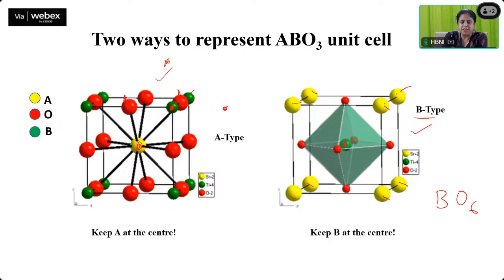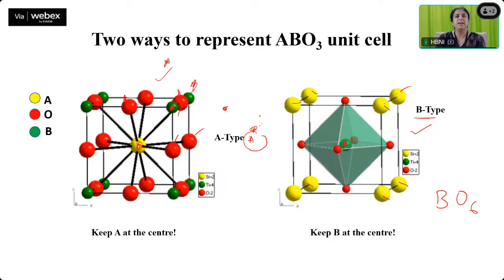Now imagine you have a cube here adjacent to this particular cube that I'm talking about. A would be at the center of that cube. And this particular face will belong to this cube also. So these 4 oxygens will be the part of A polyhedra here as well.